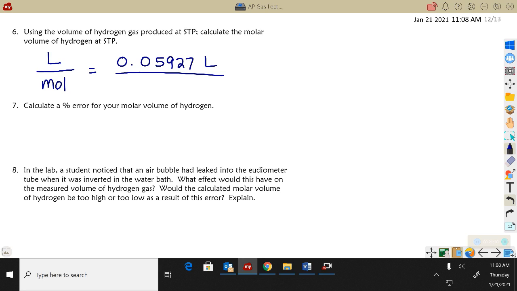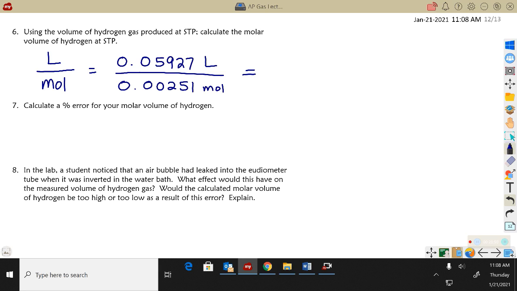And then moles is just how many moles of gas were produced. So I can go all the way back to like, what, number 2 maybe? 0.00251 moles. So there's the volume at standard temperature and pressure. The moles would be the same. It doesn't matter what temperature or pressure. The number of gas particles would be consistent.